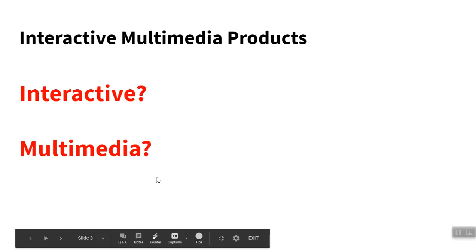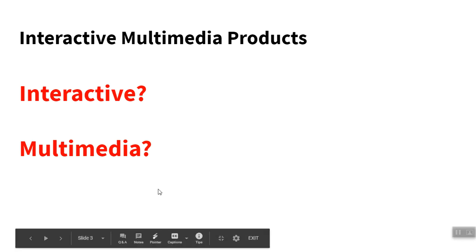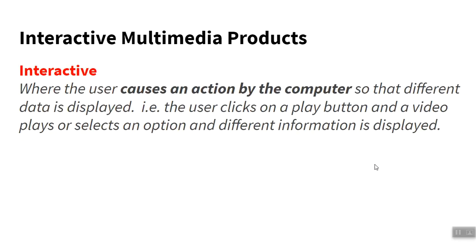So first of all, let's have a think about what these two words mean. What does interactive mean? What does multimedia mean? You might just want to have a little think about what you think those two words mean. Obviously we're thinking about this in a computing or an IT context. Interactive is a very simple idea: the user causes an action by the computer so that different data is displayed.